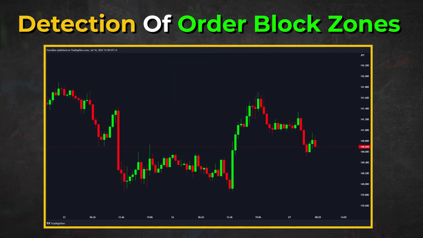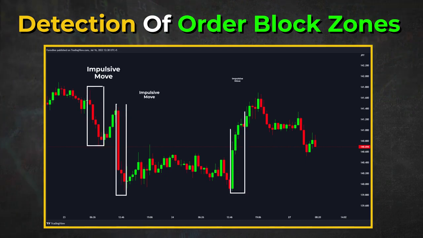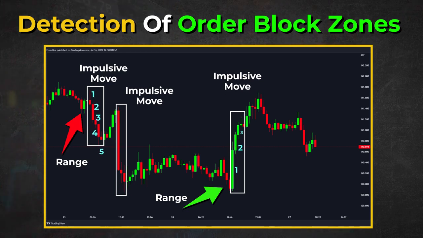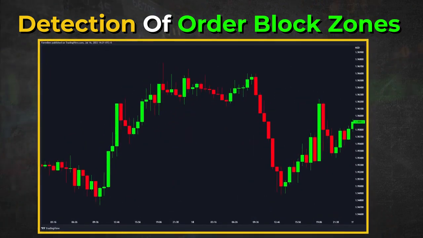So in order to detect the order blocks manually, you should look for the areas where the market gives impulsive move, and the area before that impulsive move should be a ranging market structure. In an impulsive move, the market should make consecutive bullish or bearish candles depending upon the type of order block. For example, here on the screen, you can see the market moving inside a range in this area.